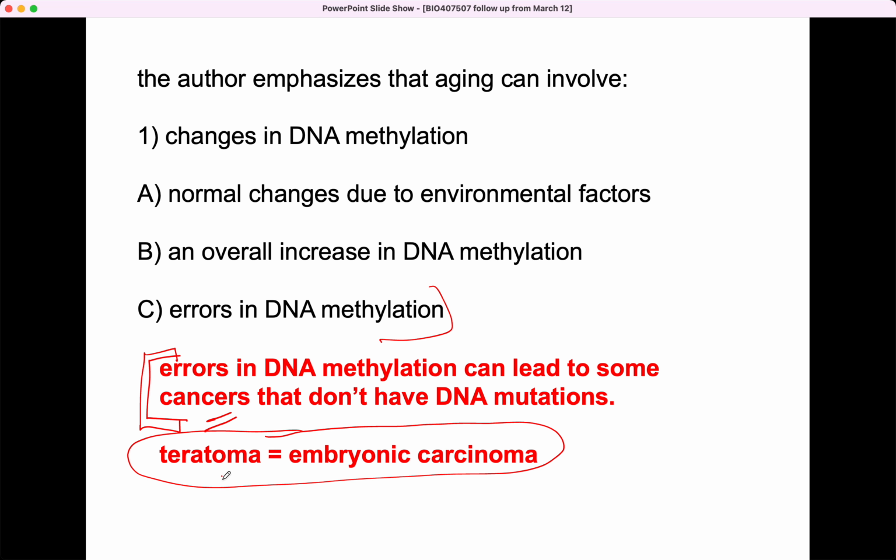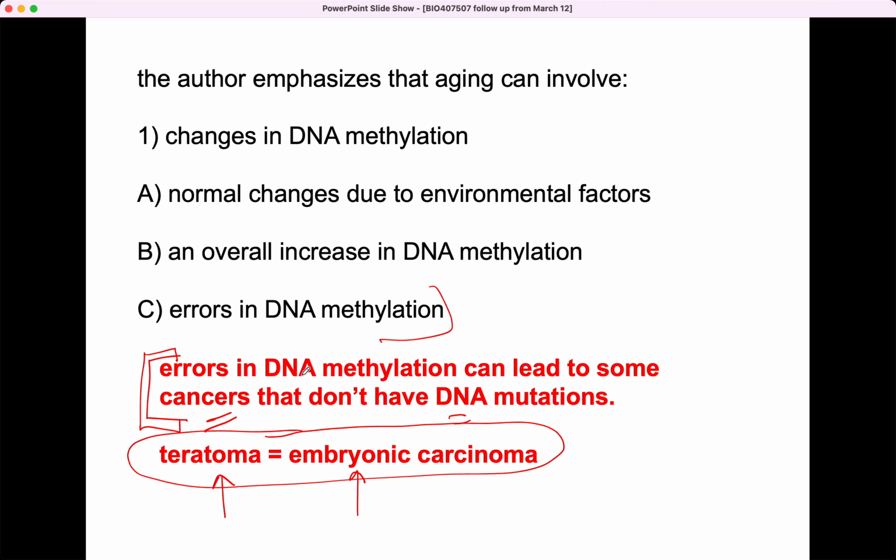there's a type of teratoma that is in the gonads, in the developing testes or ovaries, that is a solid tumor cancer. And it turns out that a person can, through some manipulations, cause this cancer to go away, because it's not caused by DNA mutations.